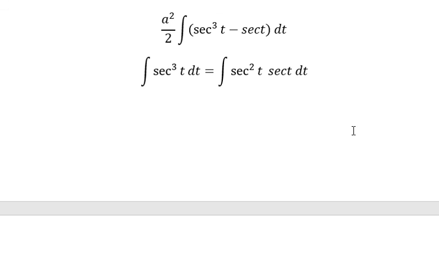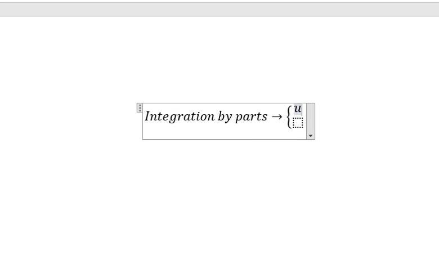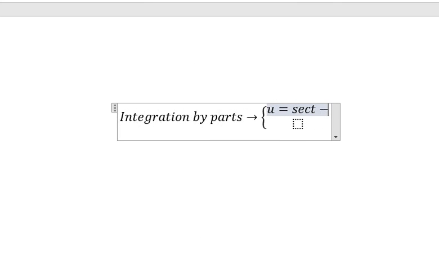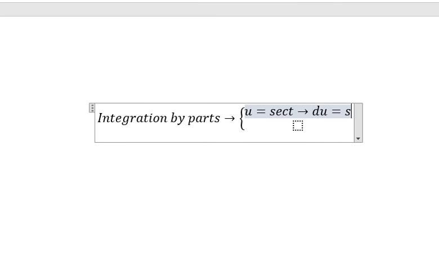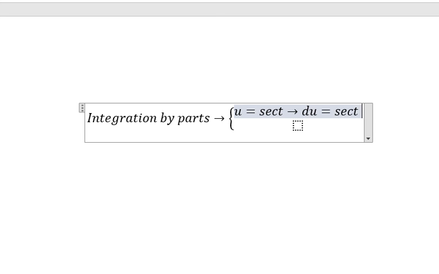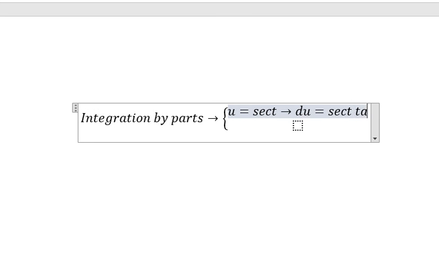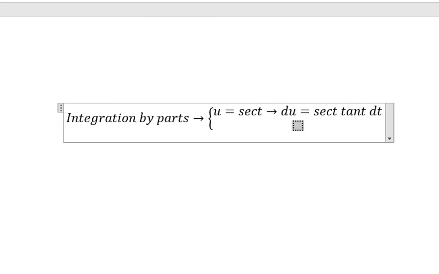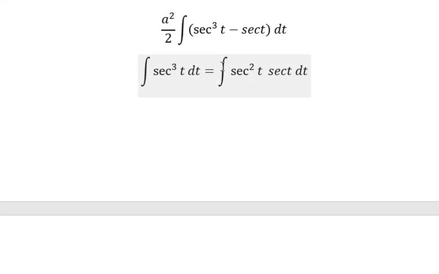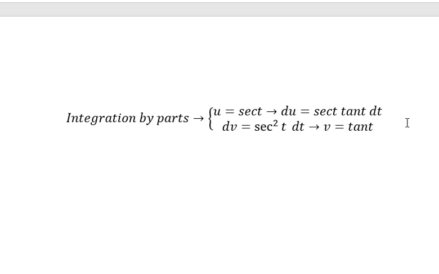So we get u equal to secant of t, du you get secant of t tan t dt. dv we get secant of t square dt. So if we do this integration, you get v equal to tan t. So we need to return back to this one.